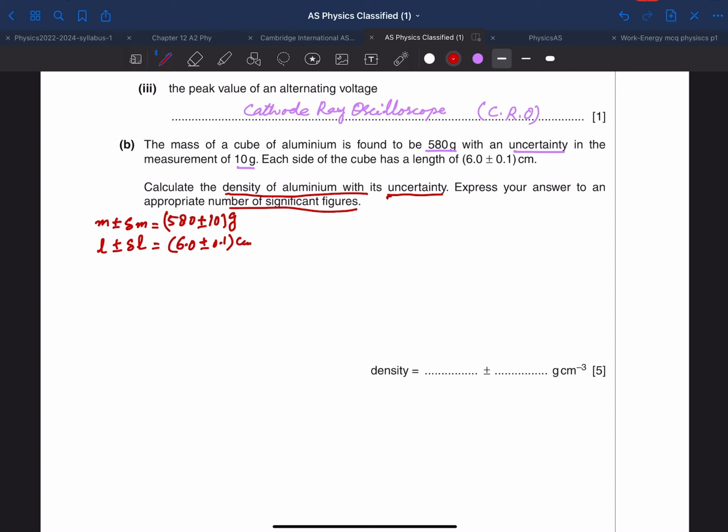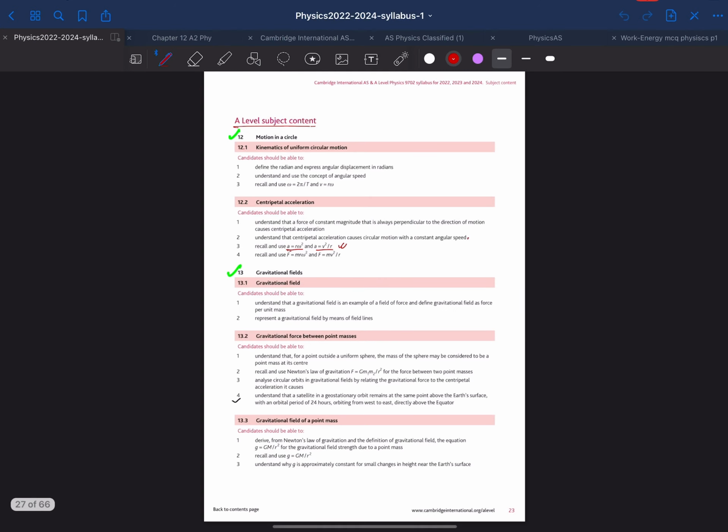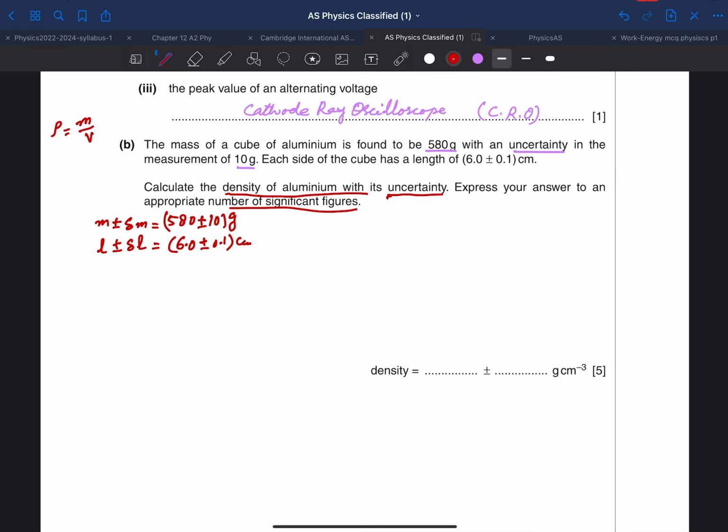Actually, as we have discussed already, whenever you have this type of question, first of all you must know the definition of density. If you represent density by rho, mass by m, and volume by v, the volume is not directly given, but the length is given.